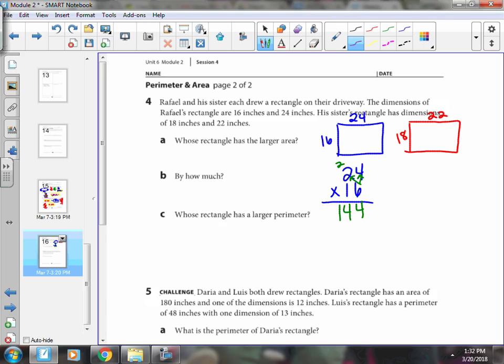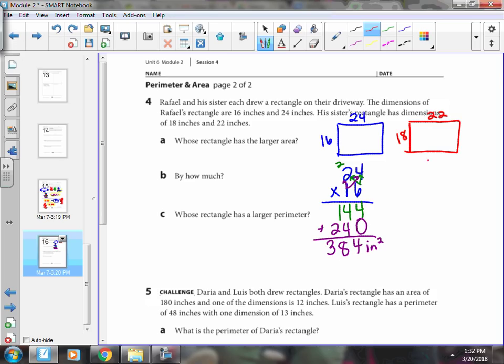And now I'm going to work with that 1, but that 1 is really a 10, so don't forget to put a 0 in there. 1 times 4 is 4. 1 times 2 is 2. Add it together. So Raphael has an area of 384 square inches, right? Area, square area.